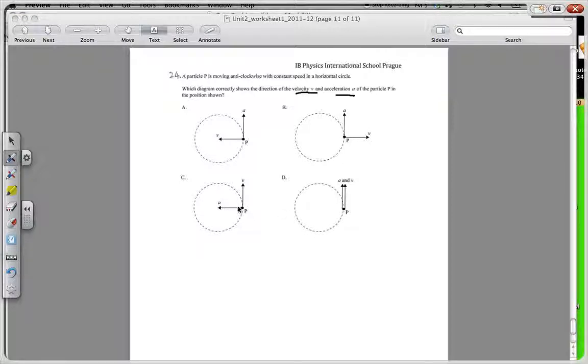The velocity is always at the point of time, so that is your instantaneous velocity. This over here would be your acceleration because that's the direction of the force. Your force is inward over there, so this would actually be the correct one. It would be 24C.